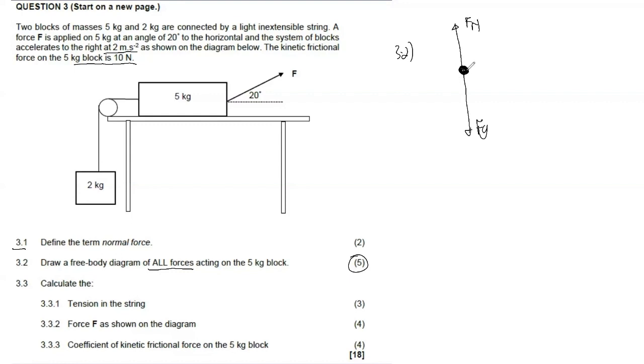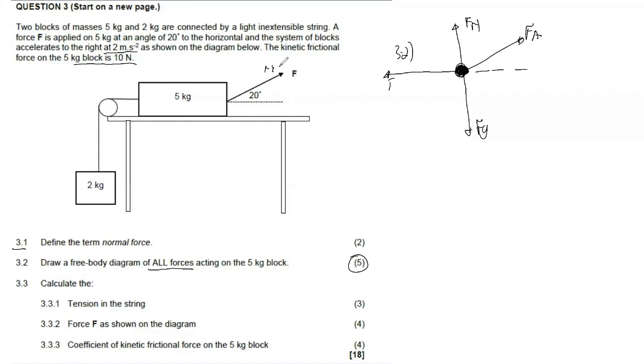Then we have our applied force going in that direction at an angle of 20 degrees. And then this is tension here, as we can see the rope. But then in the same direction as tension is your kinetic frictional force.